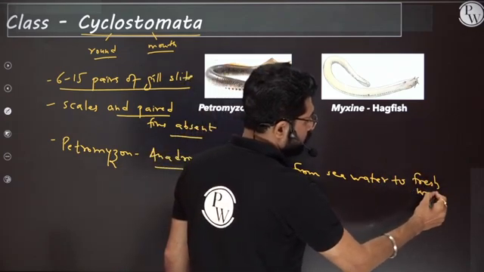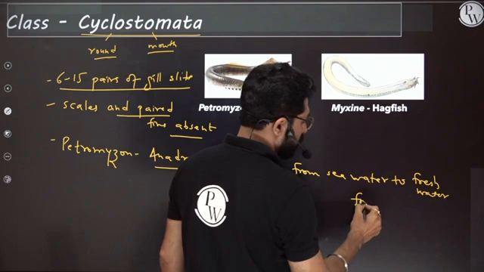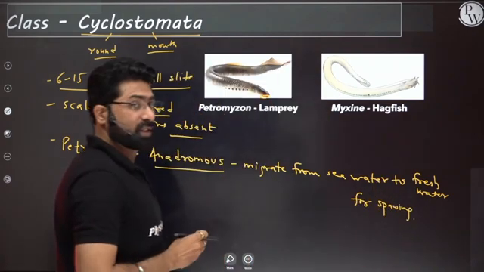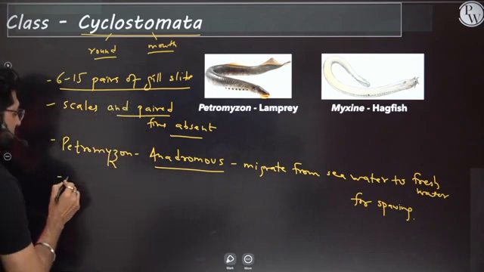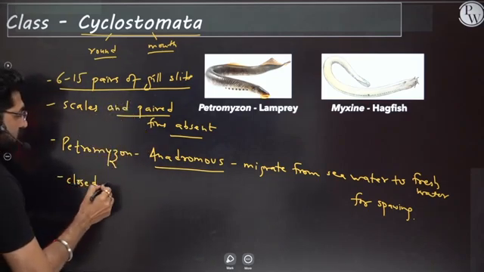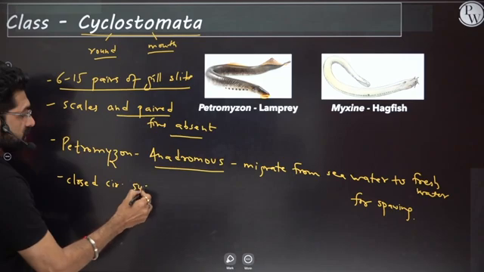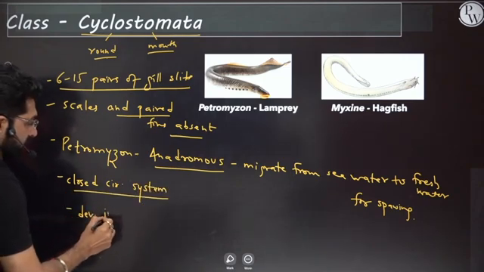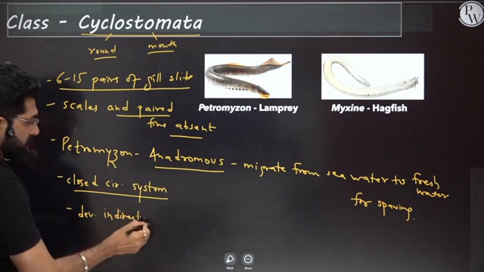Please write down this important point. Have you written this? Now you see they have a closed circulatory system. That is also an important point. Development is indirect here.